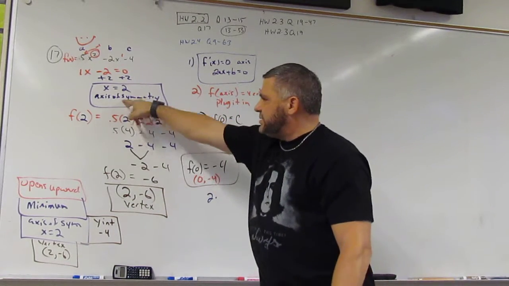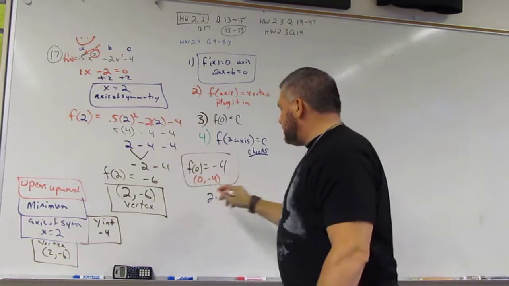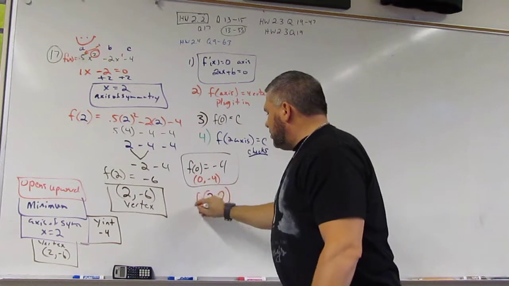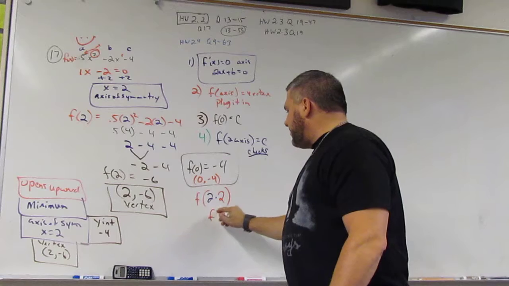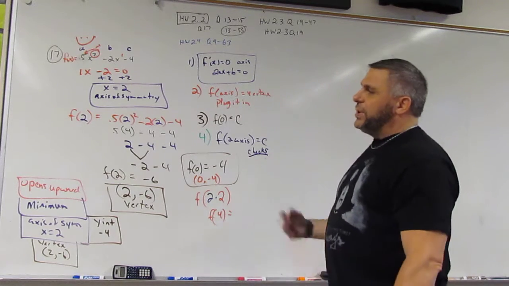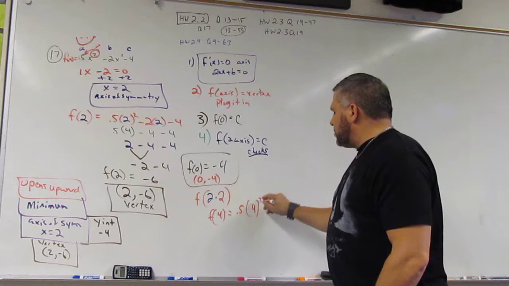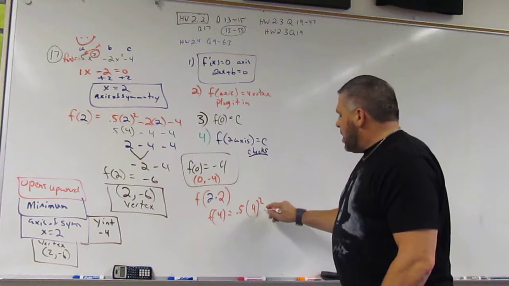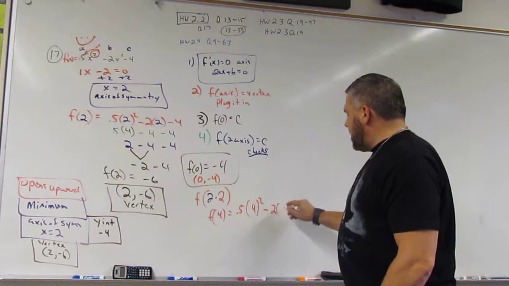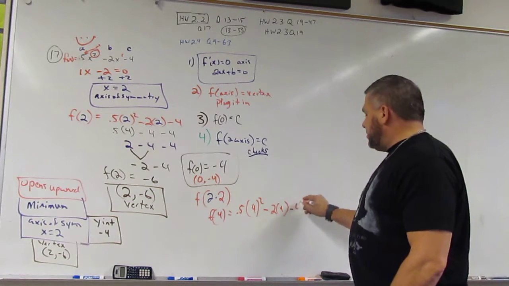The axis is 2. So we're going to go f of 2 times 2, which is f of 4. When we plug that in, we say half of 4 squared, minus 2 times 4, minus 4.